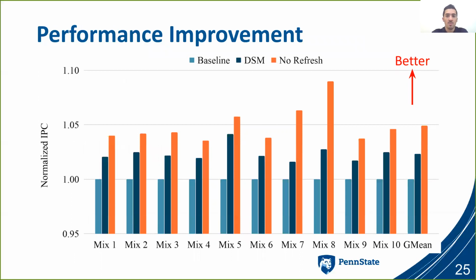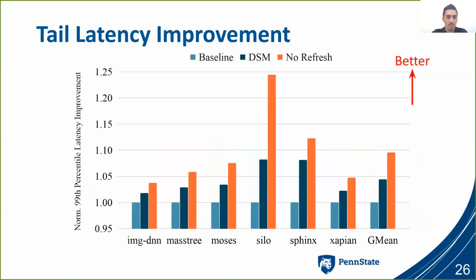In this first experiment, we evaluated the IPC improvement of DSM, which shows that by reducing the time in which a bank is not accessible because of memory refreshes, DSM can achieve up to 4.2% IPC improvement, and it can also improve IPC by 2.4% on average. We also estimated the impact of DSM on tail latency, as it plays an important role in cloud servers' total cost of ownership.